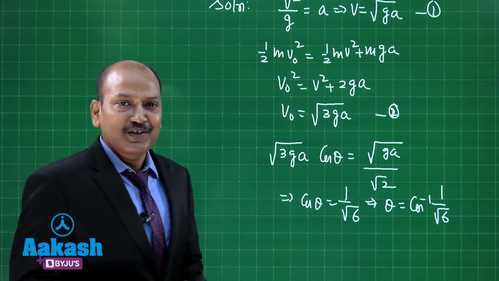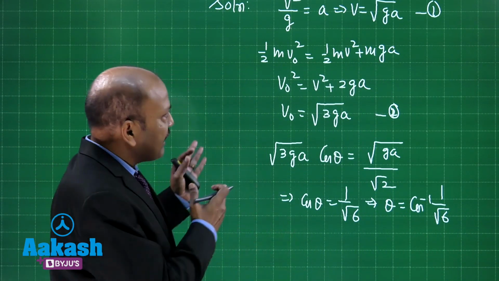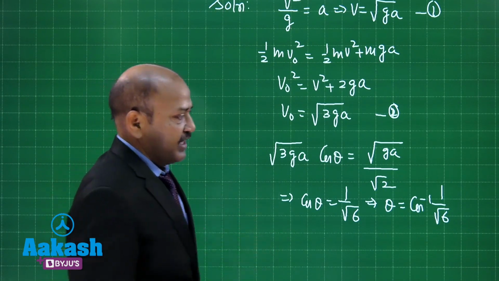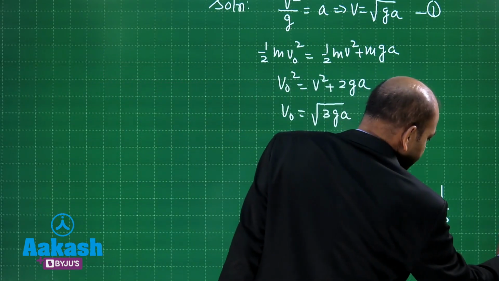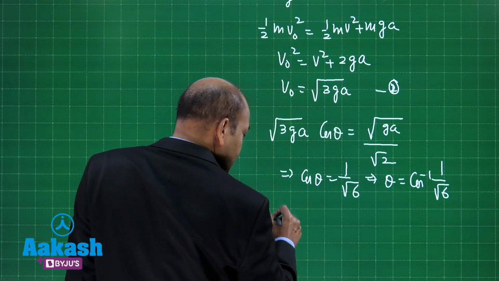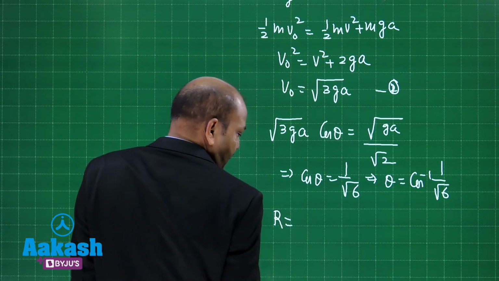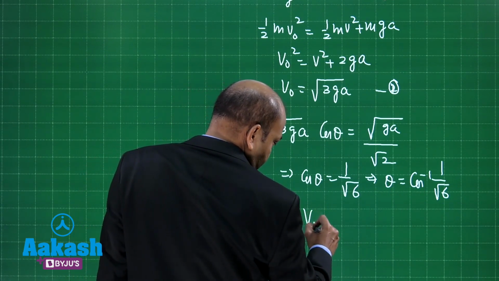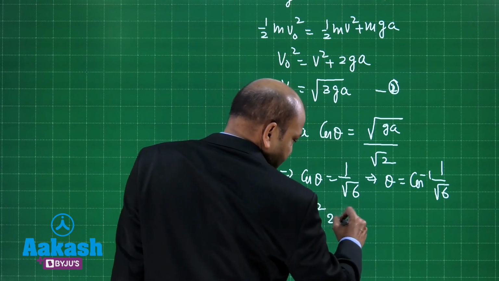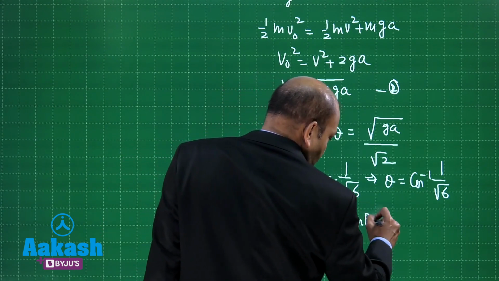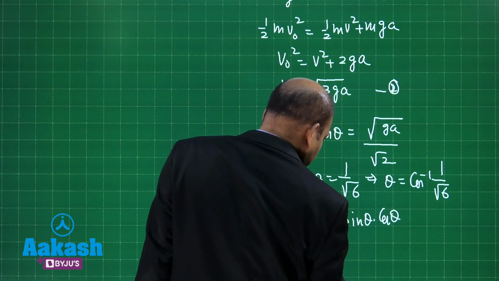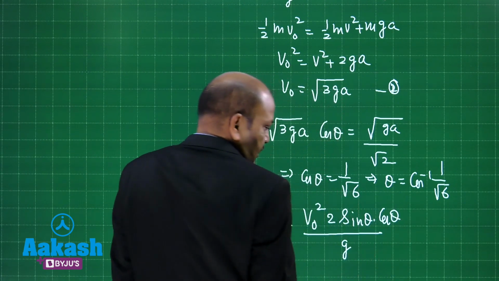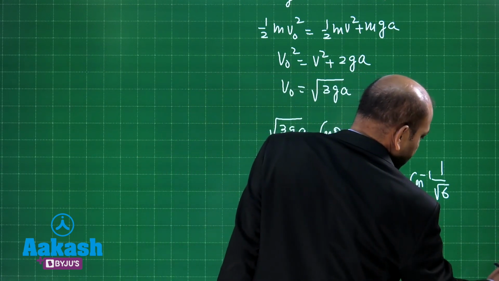All right. So now we have theta, we have the speed of projection, the range can also be found quite easily. So the total horizontal range becomes what? v naught square into 2 sin theta cos theta divided by g. Let us now put the values.